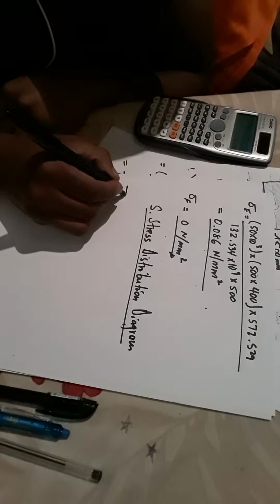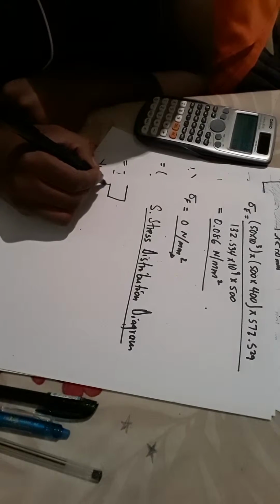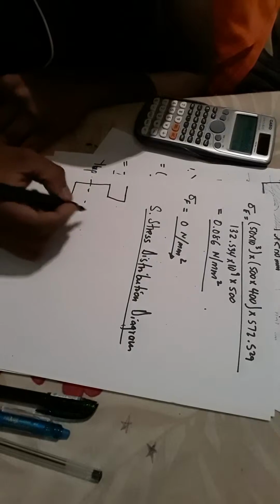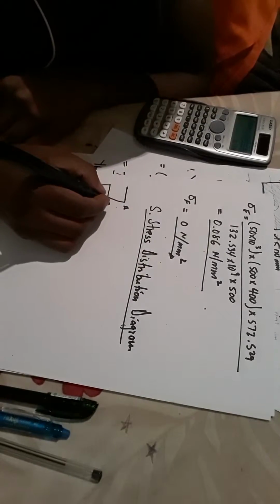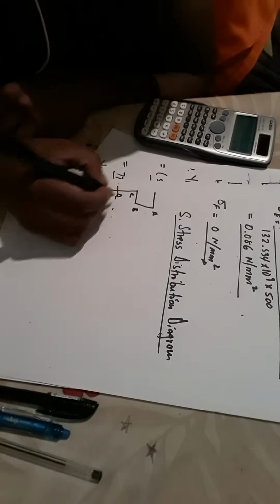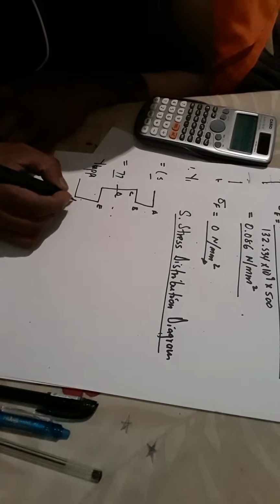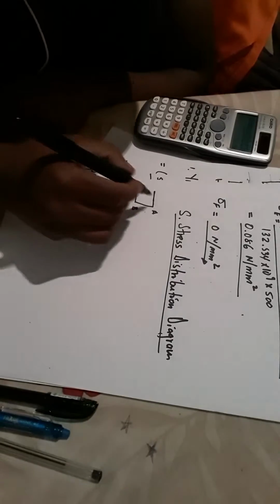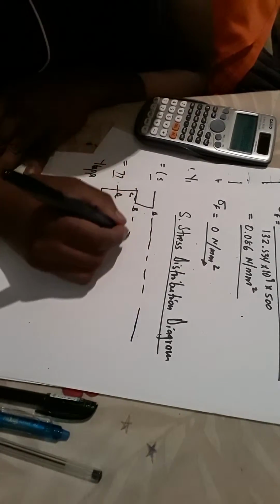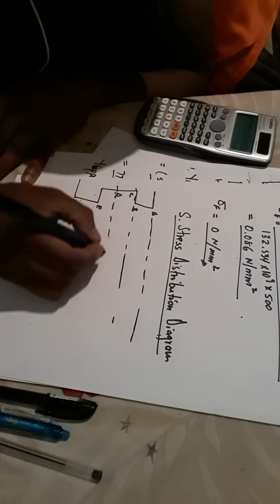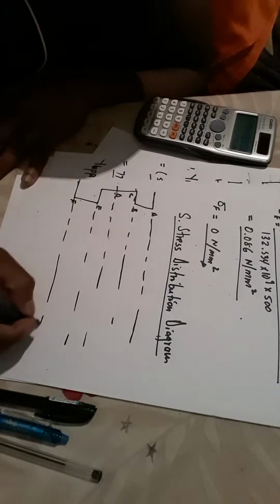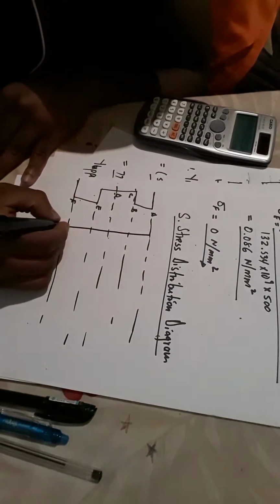You draw your structure here, so you have A, B, C, D, E, F. You simply project lines from your points, and then you draw a line here.